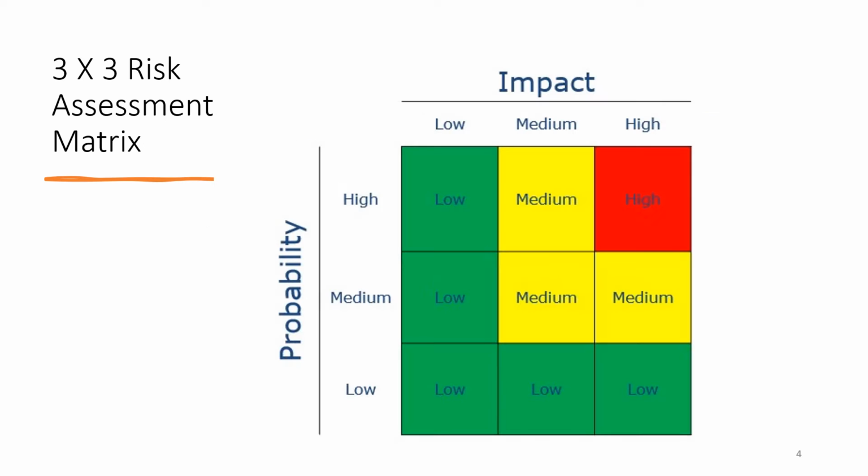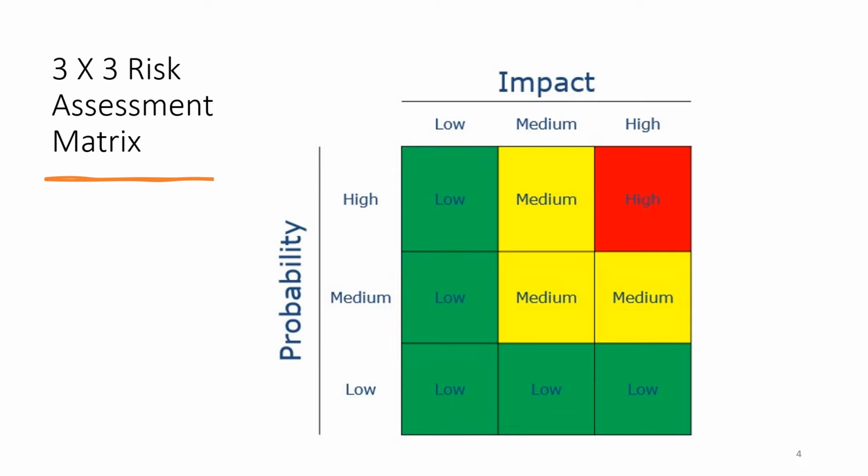Let's go on to the next slide here. When we look at probability and impact, you then have areas of green. Now, for folks who can't see this here, what we have is a block of 9. We have probability, low, medium, and high, and impact, low, medium, and high.